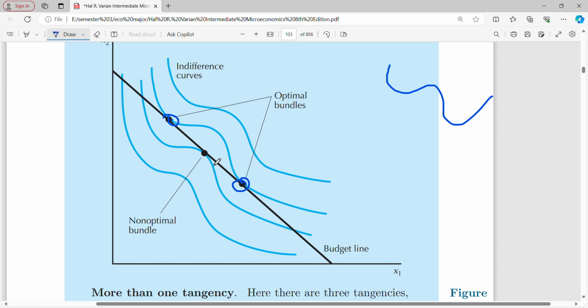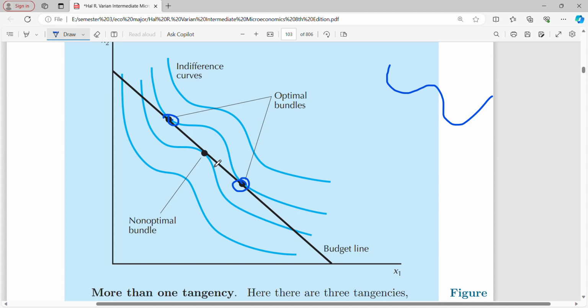So here there are 3 tangencies, but only 2 are optimal bundles. So from this we can realize that the tangency condition is necessary, but not sufficient. It is not the only thing needed, there will be other conditions also needed.